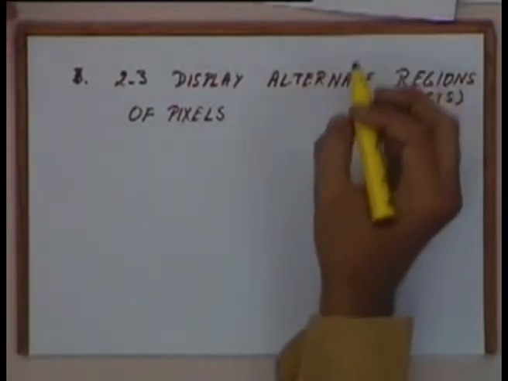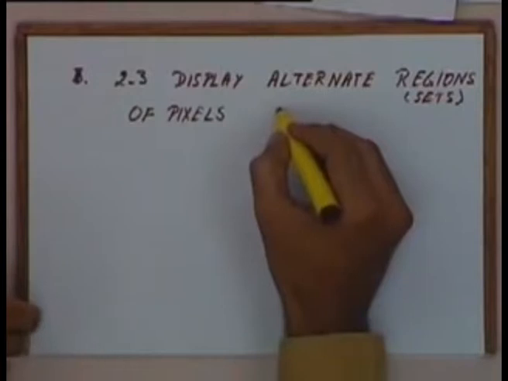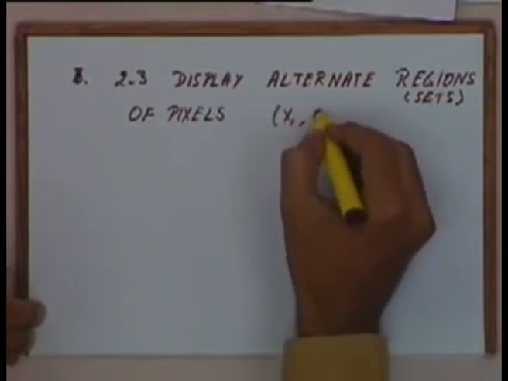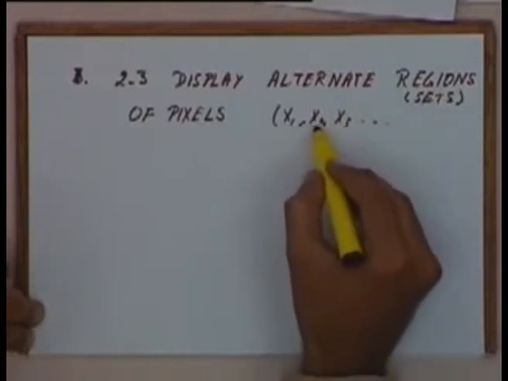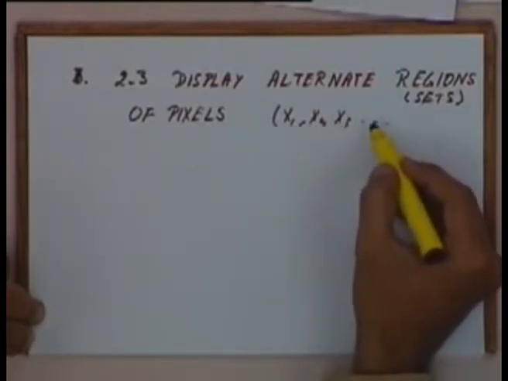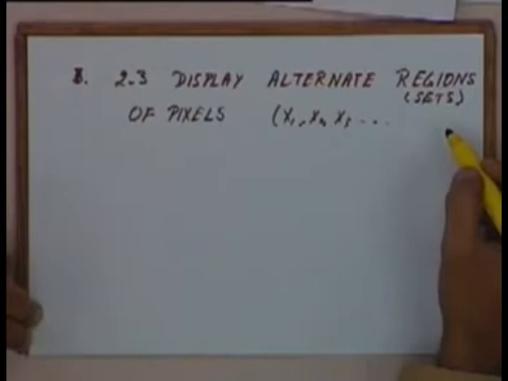In the active edge list, if we have intersection points x1, x2, x3, and so on, between x1 and x2 we should display, x3 and x4 we should display, and x5 and x6 we should display, and so on.